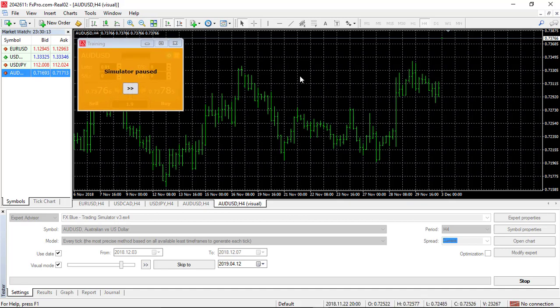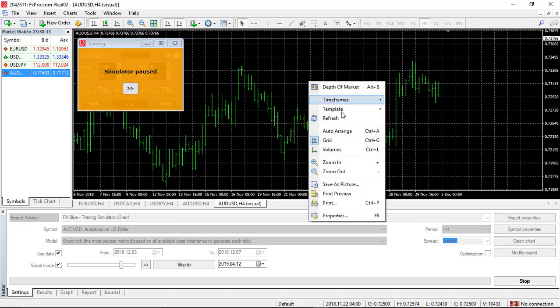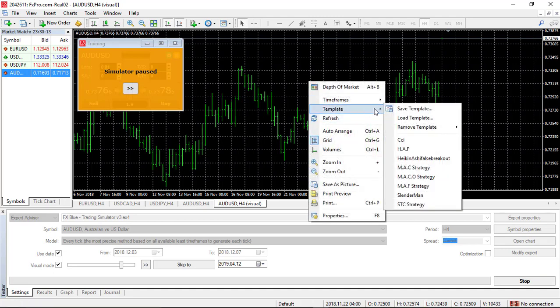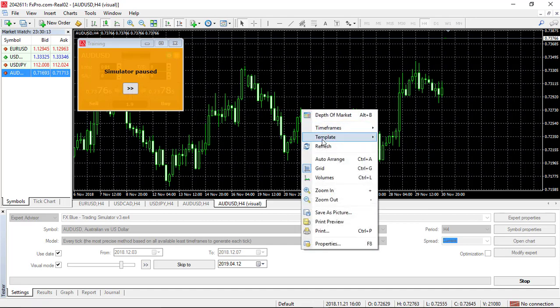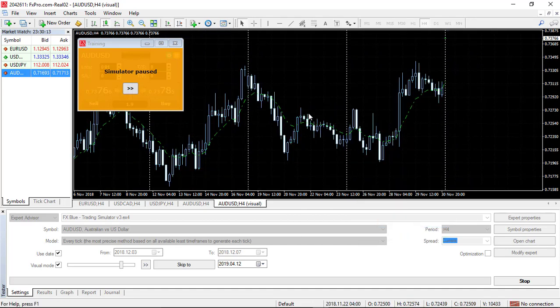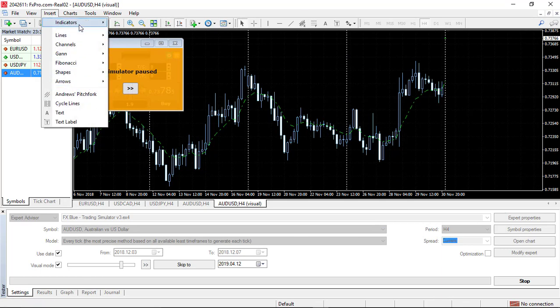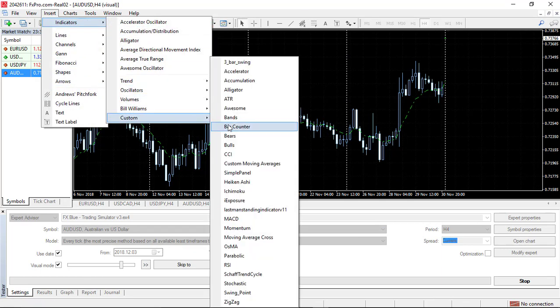So the next thing you do is to load up the indicator. Go to Insert, Indicators, Custom, then you press the Schaff Trend Cycle.